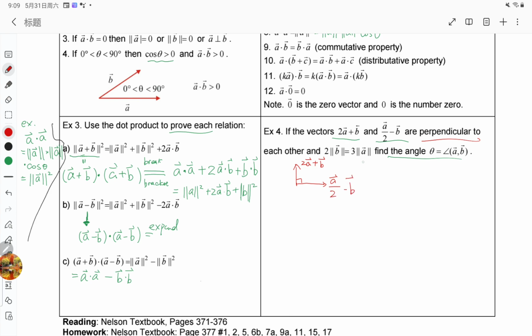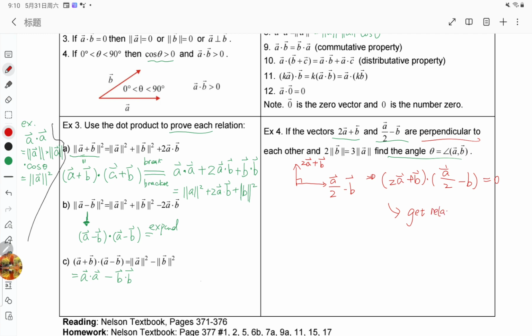So this is what it means. Then we translate it into math language: 2a plus b inner product with, say, the other vector is 0. And then we can get a relation between a and b.